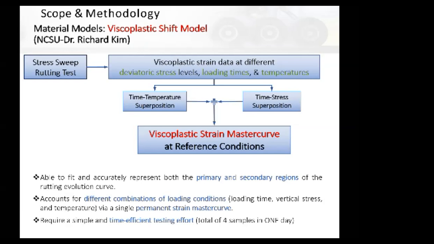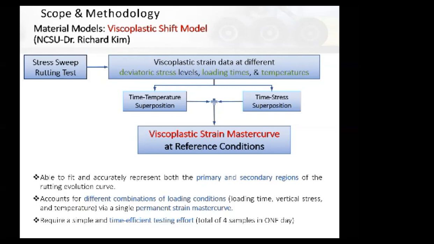With these differing, you will be using the time temperature superposition principle, which is valid with growing damage, and the time stress superposition as well, okay? With those two, you have two shift factors, one for stress and one for temperature. Then, similar to a dynamic modulus master curve, you can create a viscoplastic strain master curve at reference conditions.